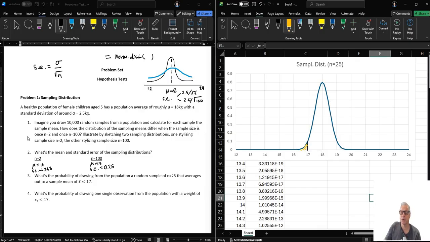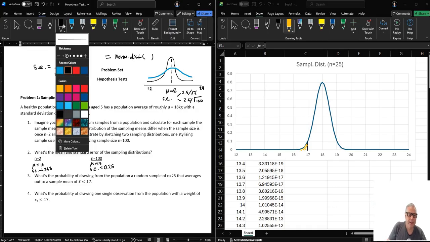So in other words, what's the probability that the sample of 25 averages out to a mean of 17 or less? Okay. So that is this area here, the yellow one. So that's pretty straightforward.